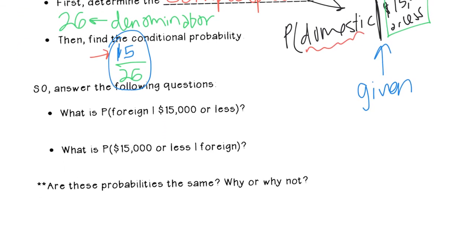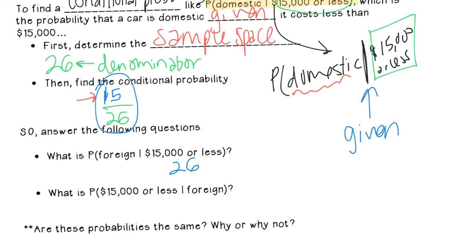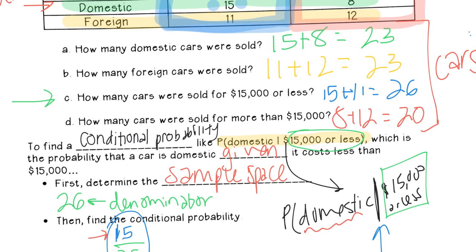So if we look down here, we have a couple other probabilities. The first one says, what is the probability of the car being foreign given that it's $15,000 or less? So again, that $15,000 or less is that 26. We talked about that in the example above. However, if we look at the chart, if it's foreign, that's 11.